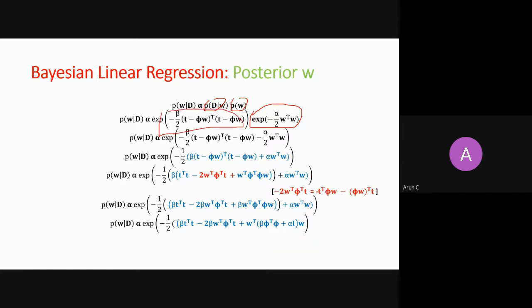We are multiplying it because both are in exponent, so we are adding the pairs. When we are adding a pair, we are just applying a distributive formula of linear algebra, and then somehow we solved it. So here is the catch, right?